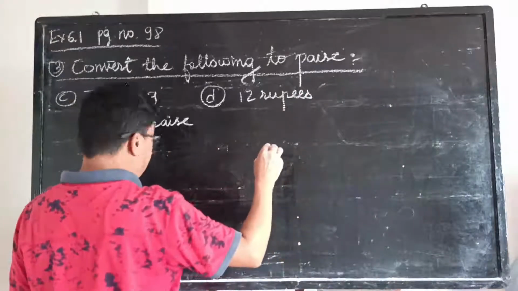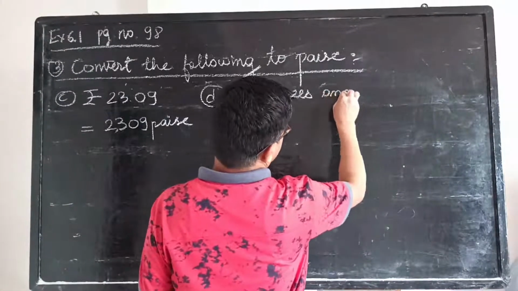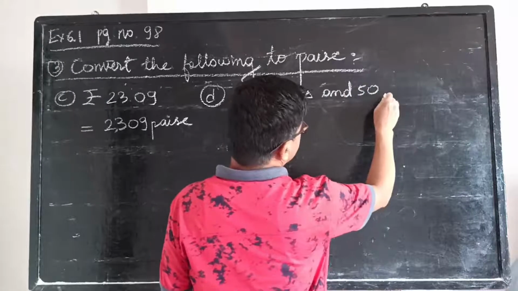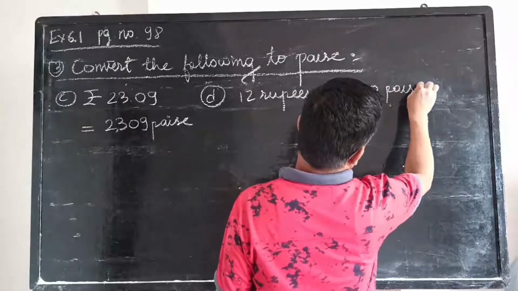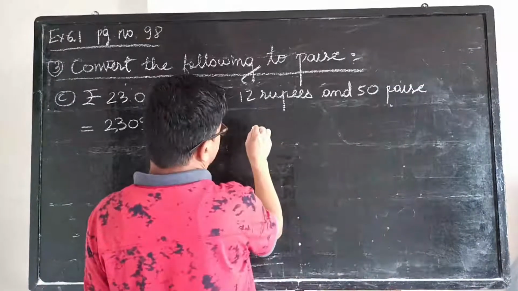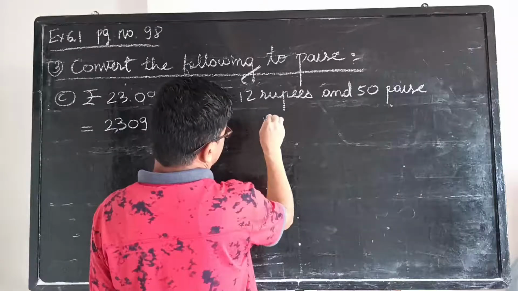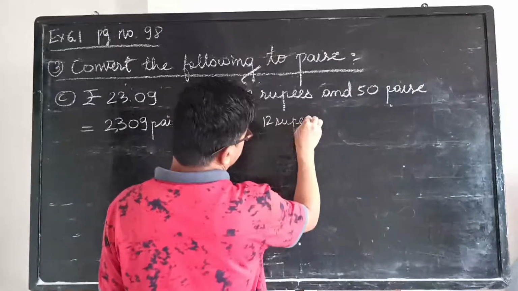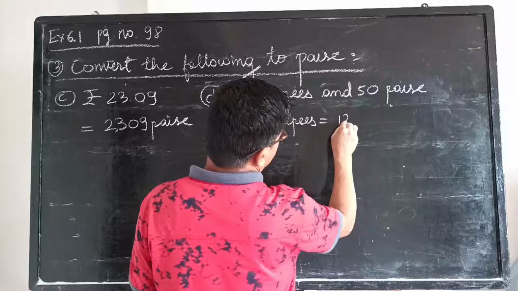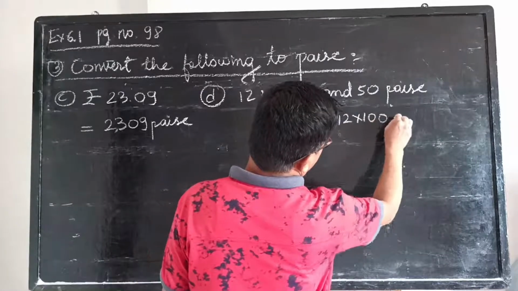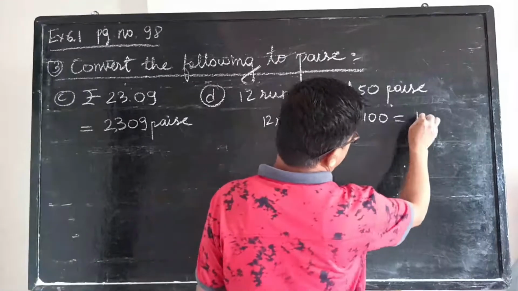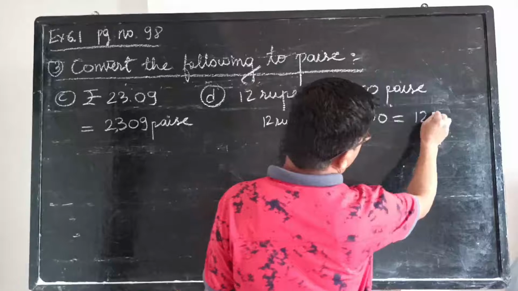12 rupees and 50 paise. Now 12 rupees is equal to 12 into 100 is equal to, you write 12, after 12 how many zeros? 1, 2.